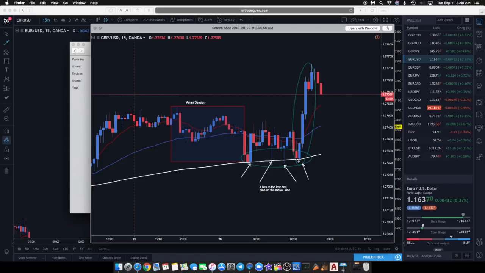This is all done, 4 hits to the low. This is all done to, again, induce traders to go short. This is what they do to make traders go short. If they don't have enough orders filled, they will keep hitting it until they get what they want, and then they'll rise.